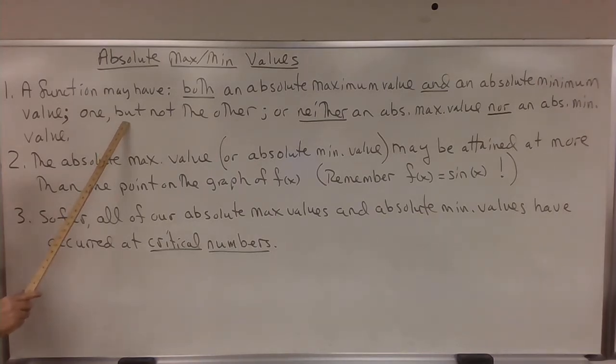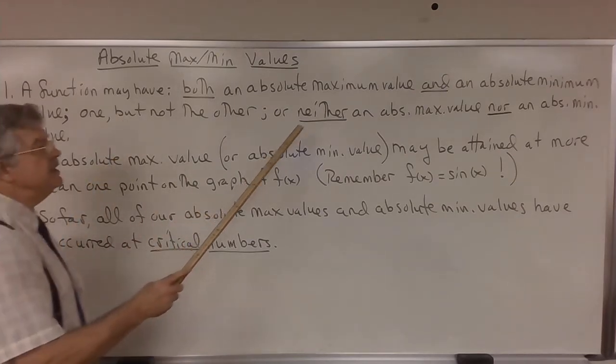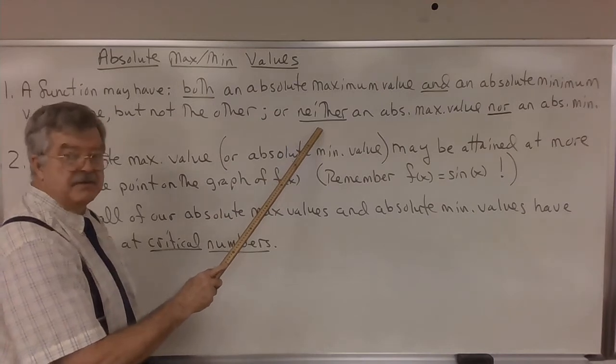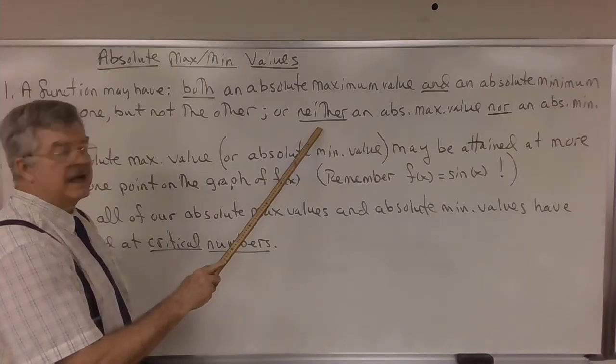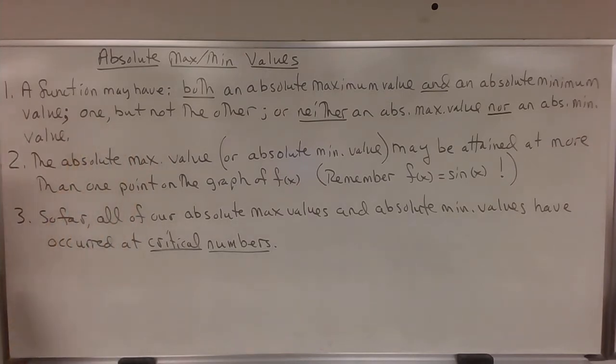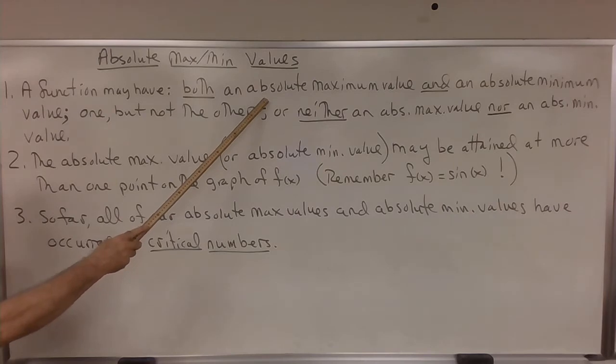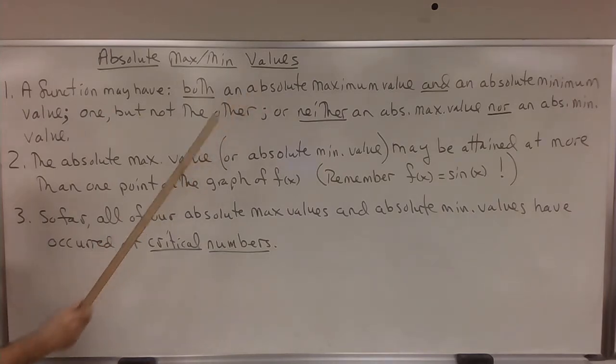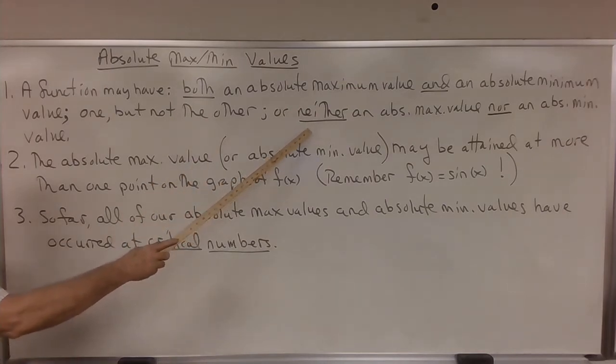Or it may have an absolute minimum value but no absolute maximum value. Or it could be that the function has neither. So again, a function may have both, could have one but not the other, or it may have neither.